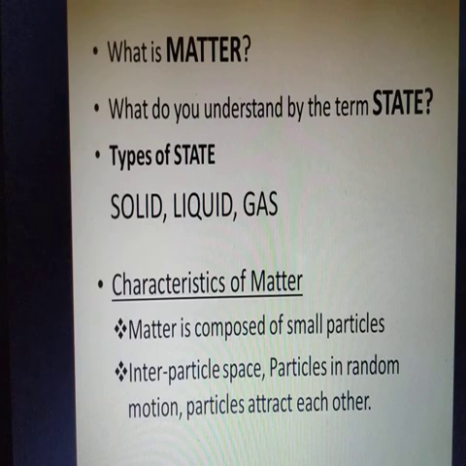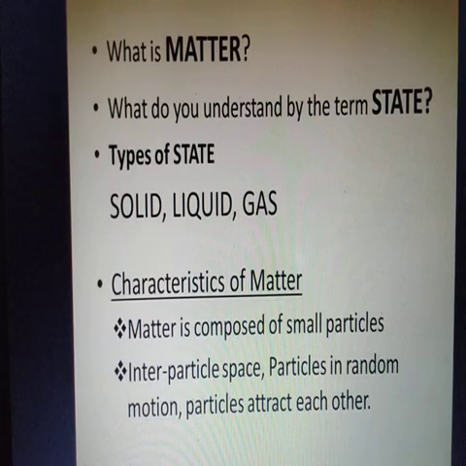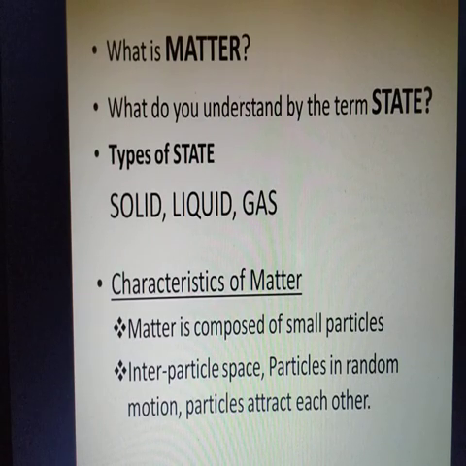Just for information, the fifth state is also there. It exists at very low temperature and low pressure, called the BEC, and that's for information. So let's come back to the main topic, that is states of matter: the solid matter, liquid matter, and the gaseous matter.